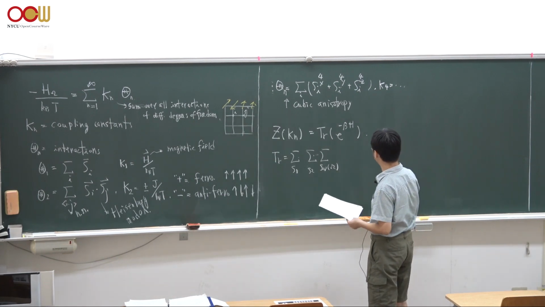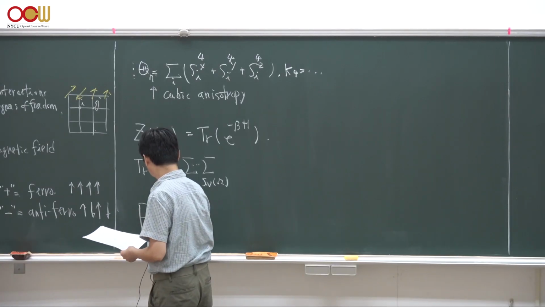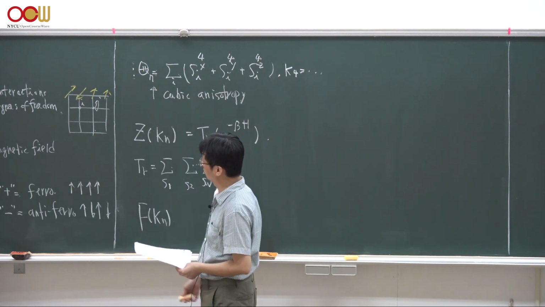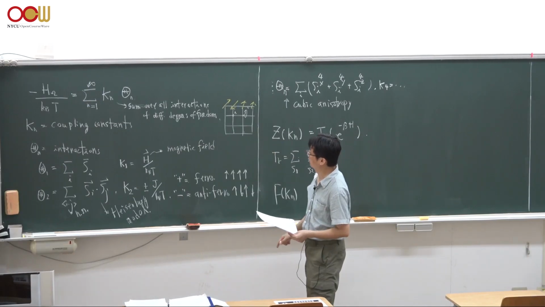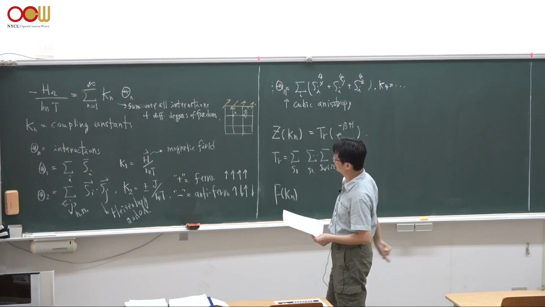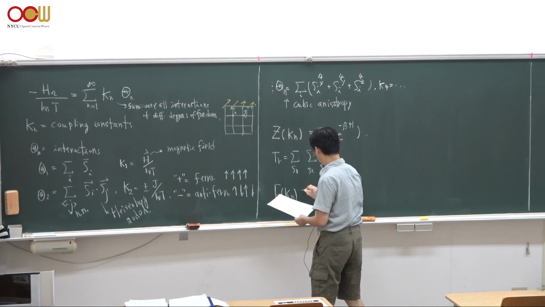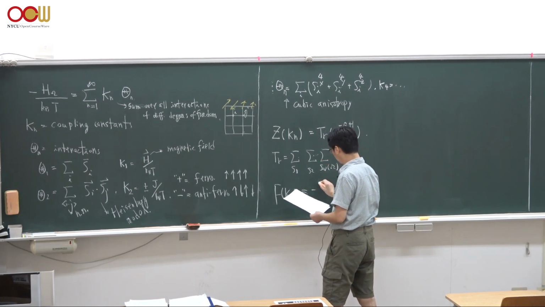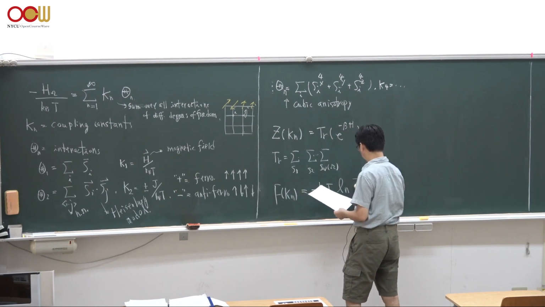Then you can define the free energy as a function of the reduced coupling constant. This K is now the coupling constant divided by k_B T. So this is given by minus k_B T log Z.